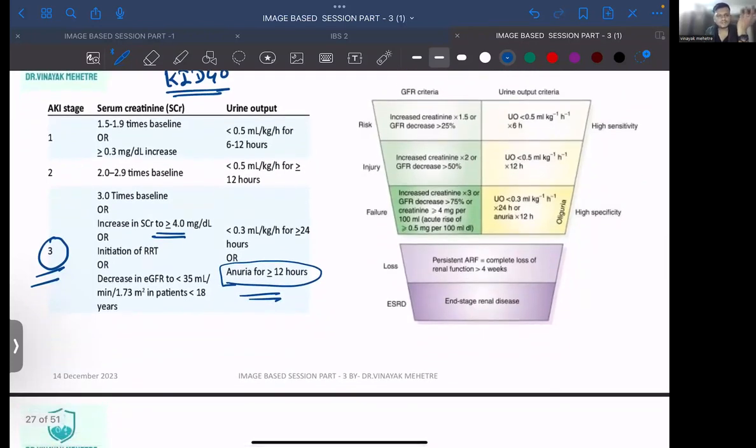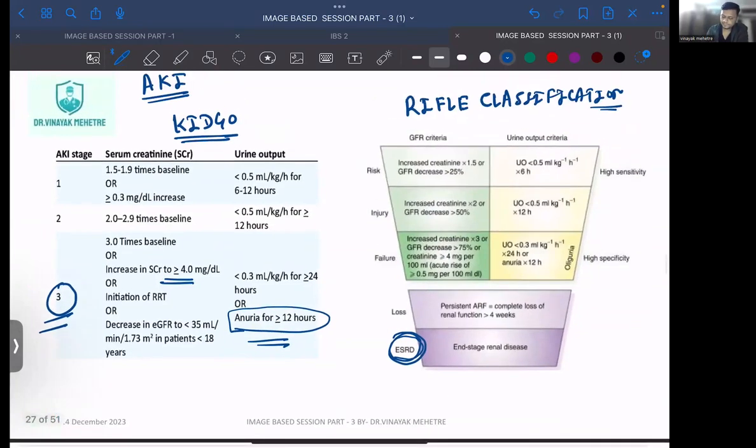Some of you might have seen a patient of kidney failure, where ESRD is written, end stage renal disease. Where does that come from? It comes from the RIFLE classification.